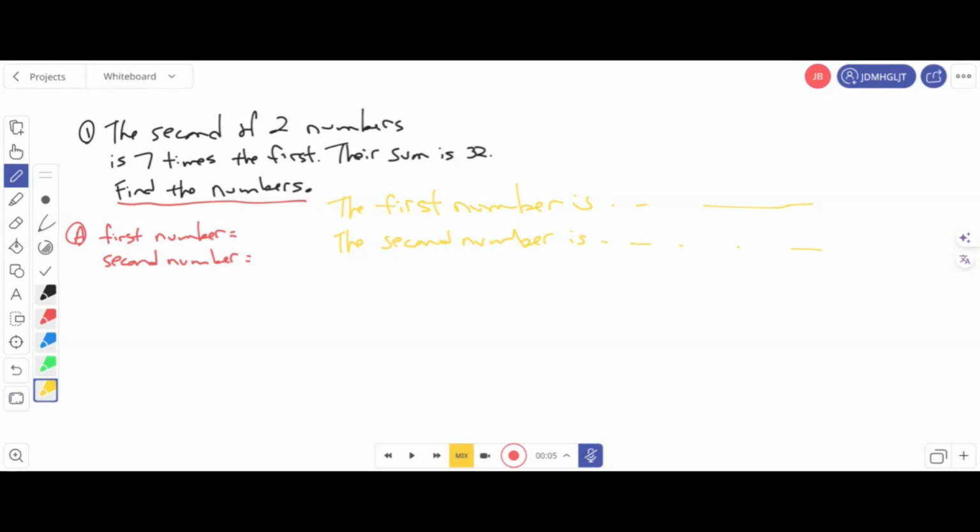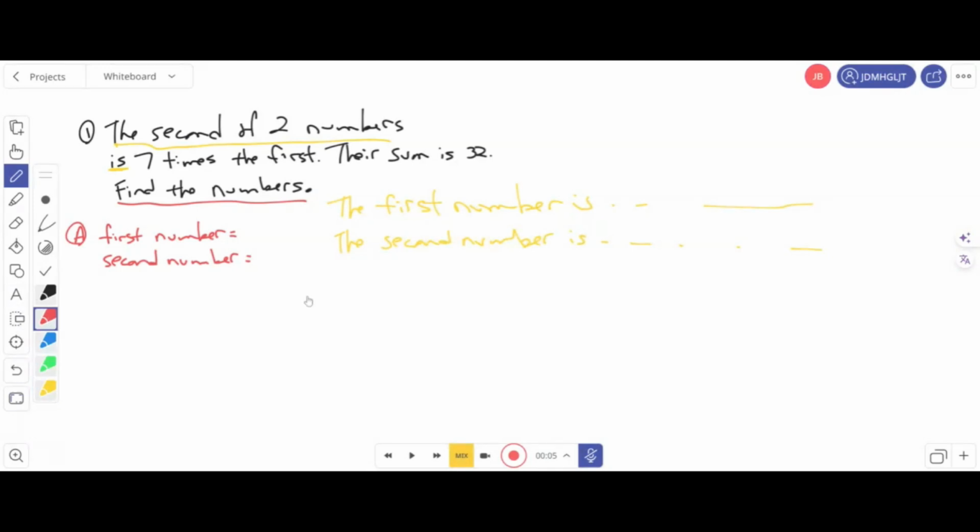Well, unfortunately, in this problem, and the problems like this that we're going to look at, they're going to give us one of those sentences, but they're not going to give us the other. I have a sentence that says, the second of two numbers is. The second number is. They're not saying anything other than right here about what the first number is. There is no statement that says the first number is this.